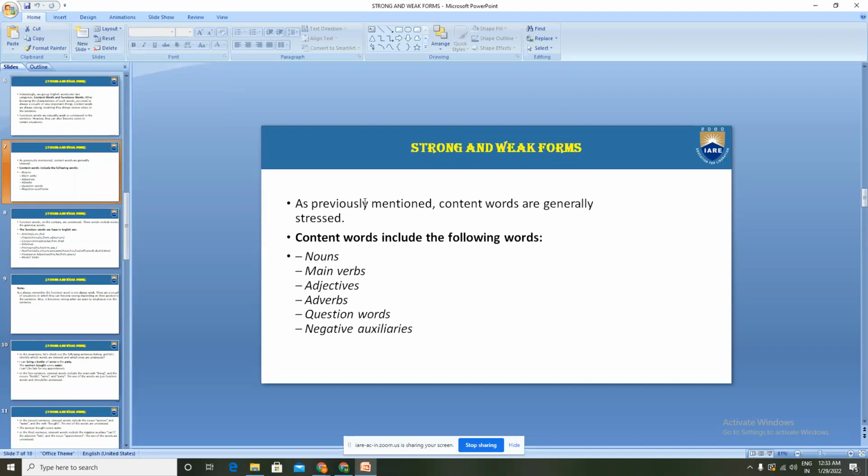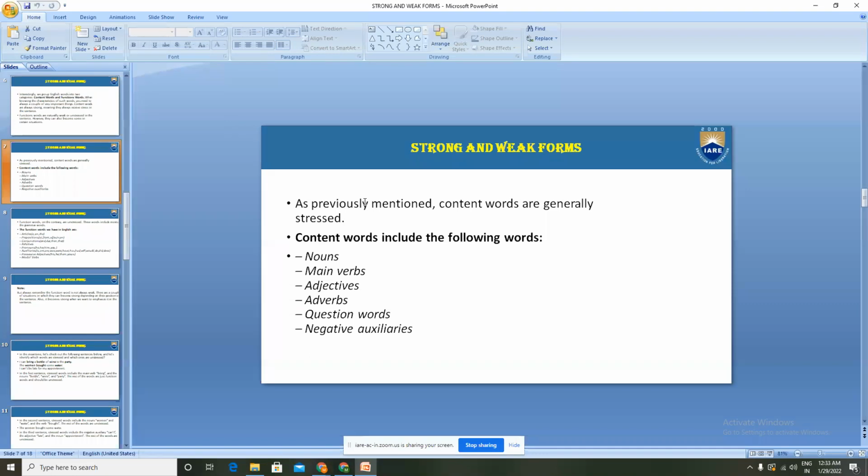So content words are strong. What are these content words? Content words include the following: nouns, main verbs, adjectives, adverbs, question words, and negative auxiliaries.